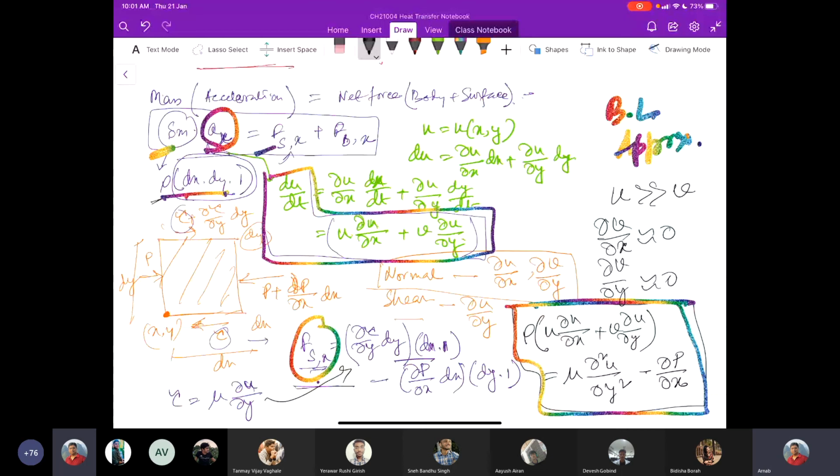So the velocity gradients we consider as negligible with respect to y and with respect to x in such cases. We'll describe once again, starting from boundary layer approximations, what it means and how it simplifies this equation in the next class.